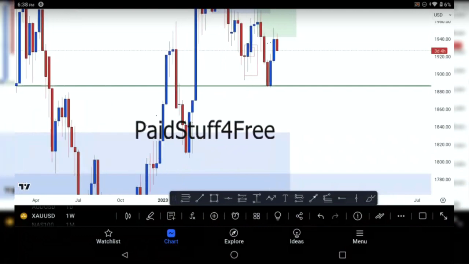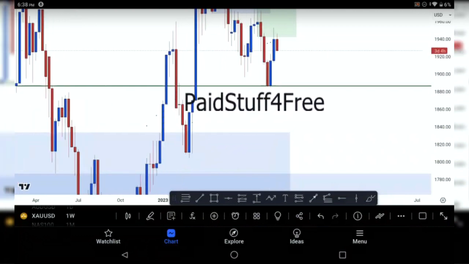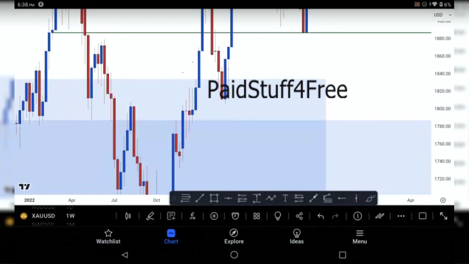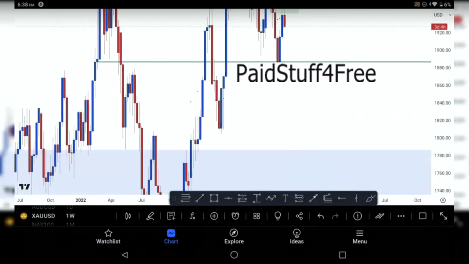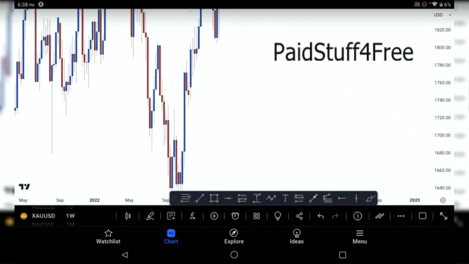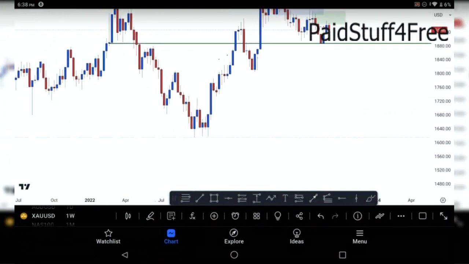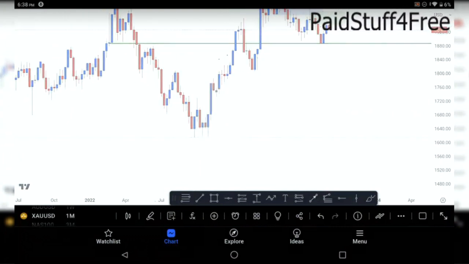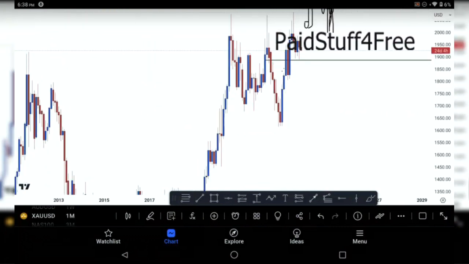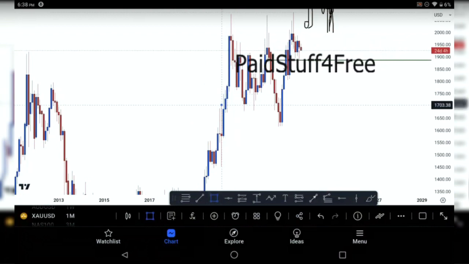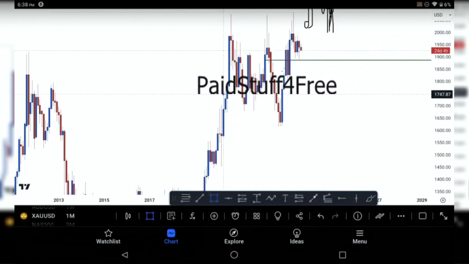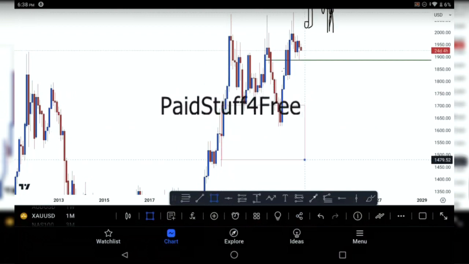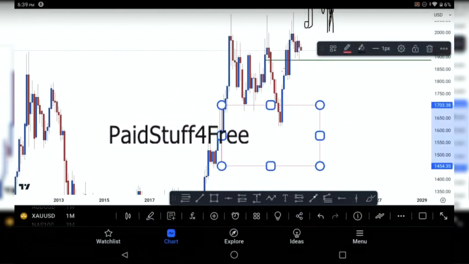So now in this situation, let me show you guys. Let me use this zone right here. This right here is a monthly engulfing buy zone.